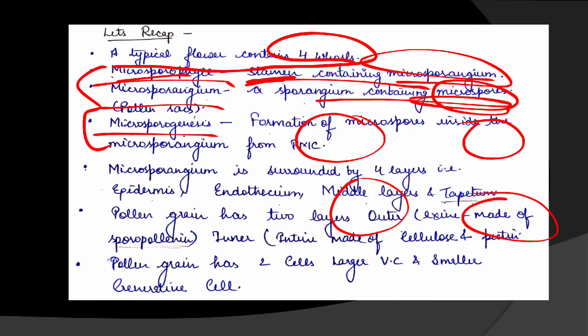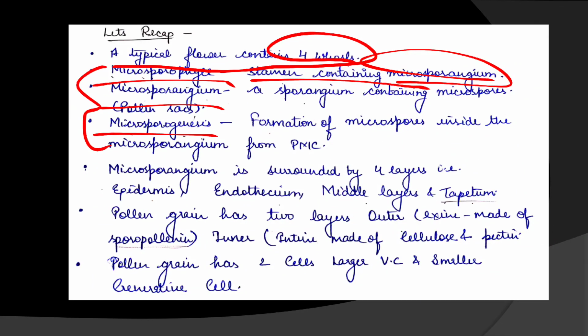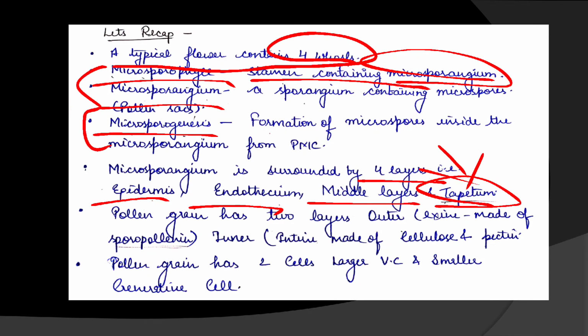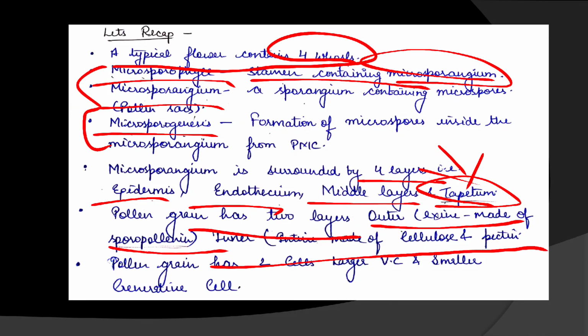Now this microsporangium is surrounded by four layers. They are epidermis, endothecium, middle layers and the tapetum, which is the nourishing layer. Pollen grains have two layers. The outer one is exine, which is made of sporopollenin, and the inner one is intine, which is made up of cellulose and pectin.